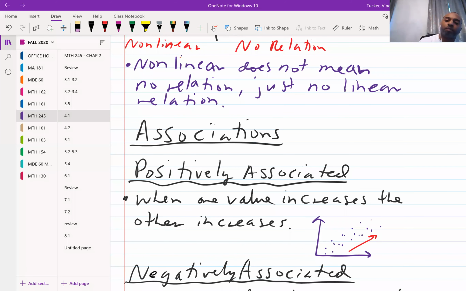So see here, looking at our dots, as we follow them from left to right, they go down. That's the difference between being positively associated versus negatively associated. I wasn't able to get the writing in purple above the associations. All right, there you go.